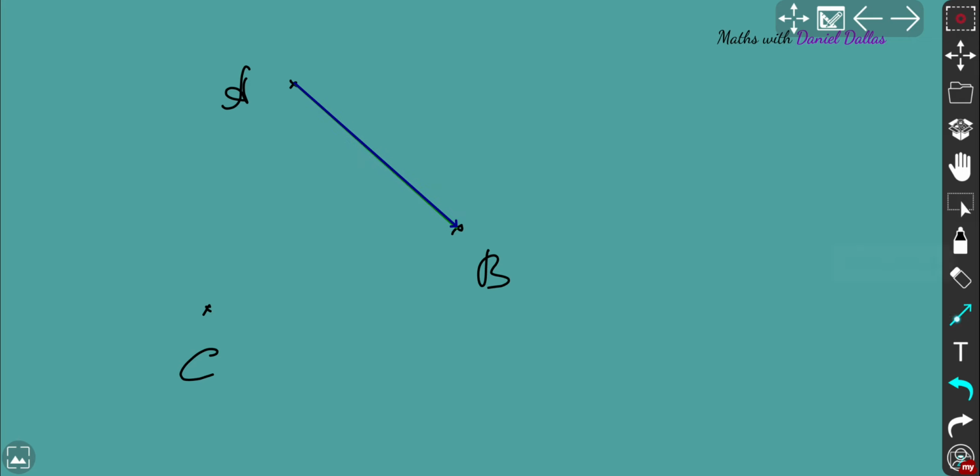Let's say this course goes at a bearing of 120. Let's set up the north direction right there. So from the north direction, which is here, you can say that this bearing is around 120 degrees.